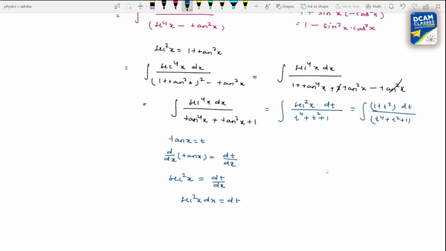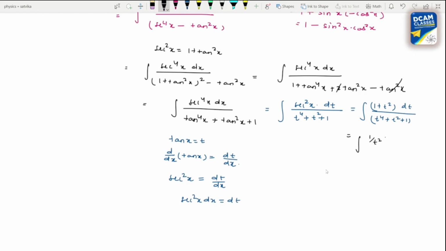Now this is very interesting. After this, don't worry, this is actually new to you, and this question can come for 6 marks. So after this what we will be doing, we will be dividing numerator and denominator both by t square.